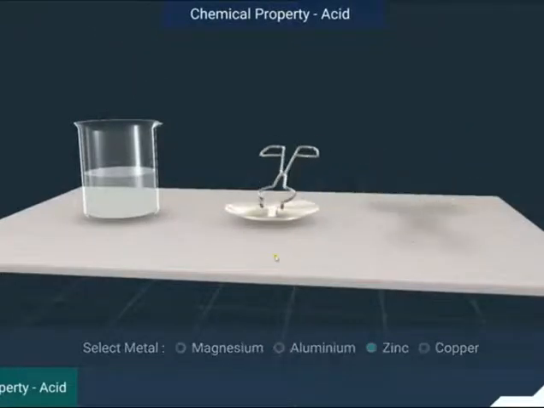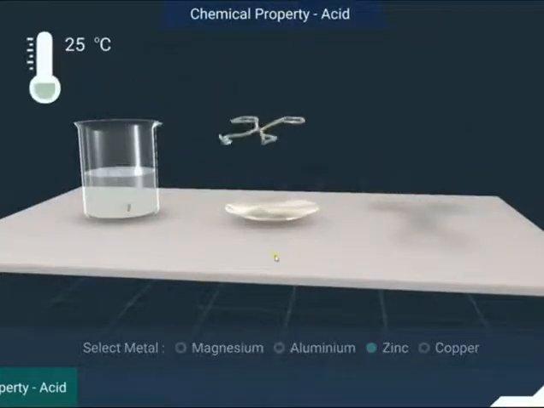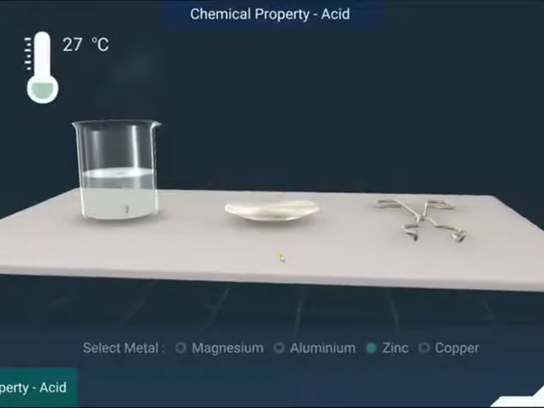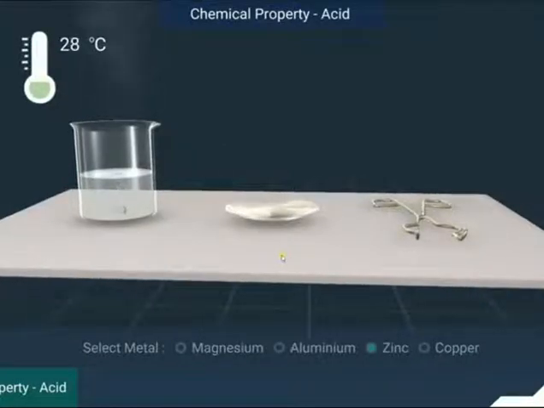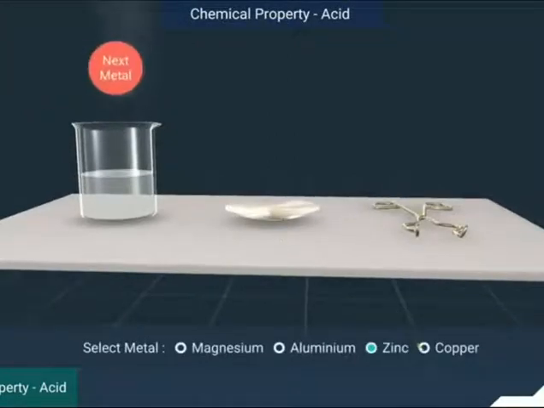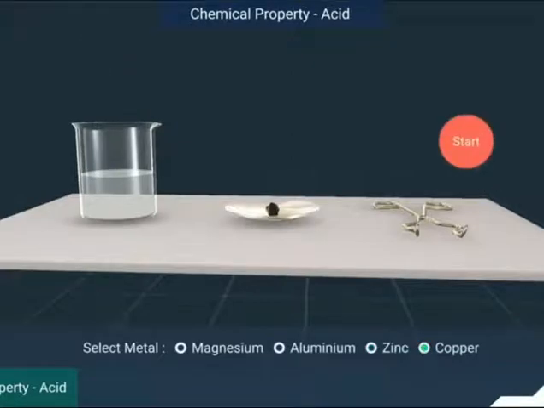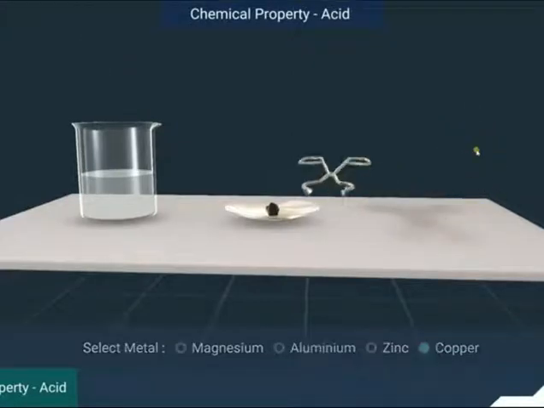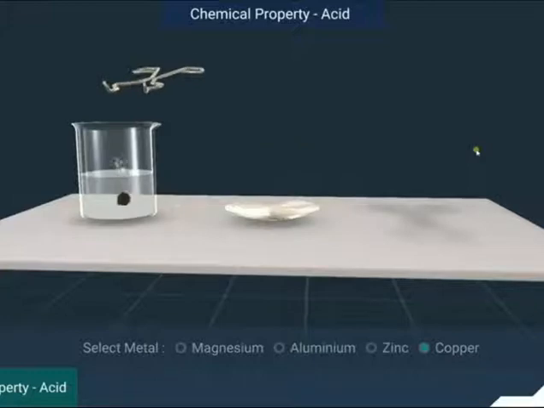Put a piece of zinc metal in the acid. As you can see, there is formation of bubbles. But you can observe the rate of formation of the bubbles. Nothing but the liberation of hydrogen gas. Now try with the copper. Put a piece of copper in the acid.